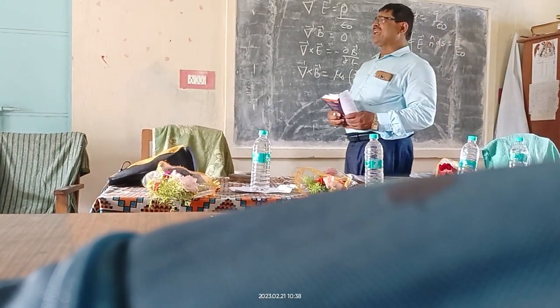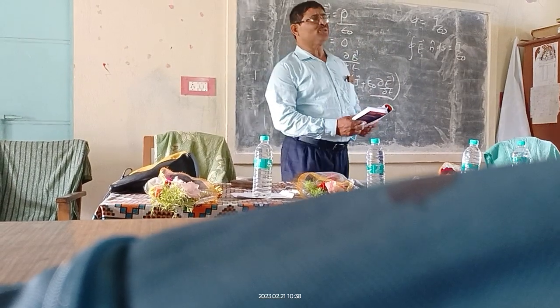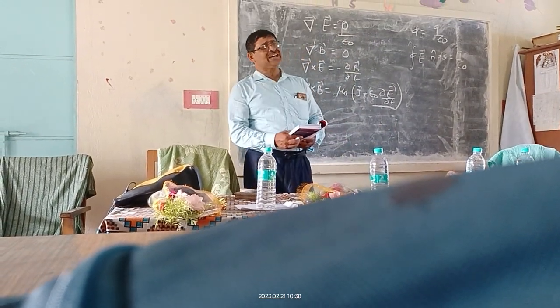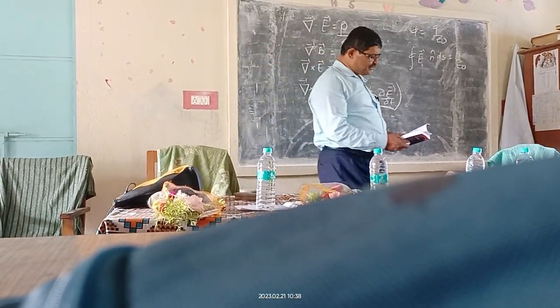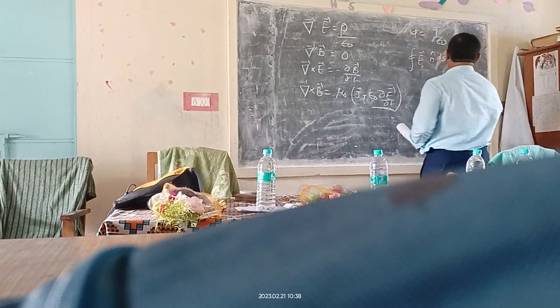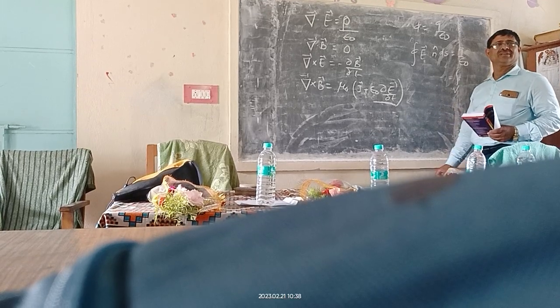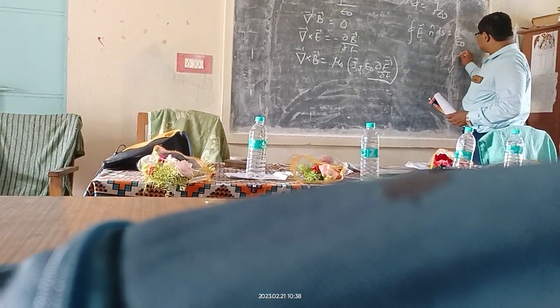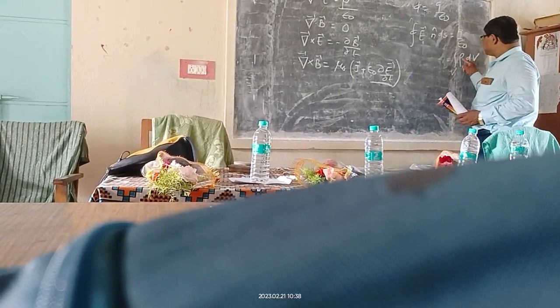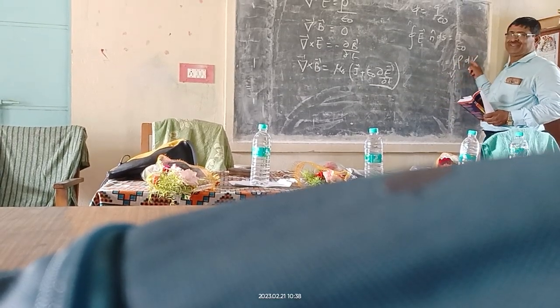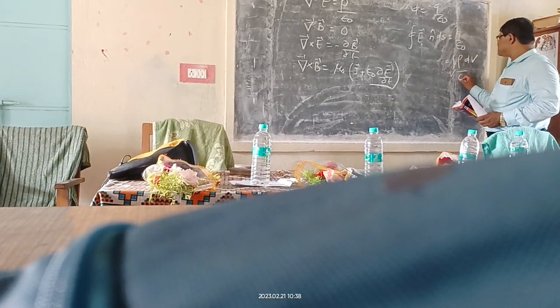Q can be written in terms of rho, the volume charge density, as the integration over volume of rho dV, divided by epsilon 0.